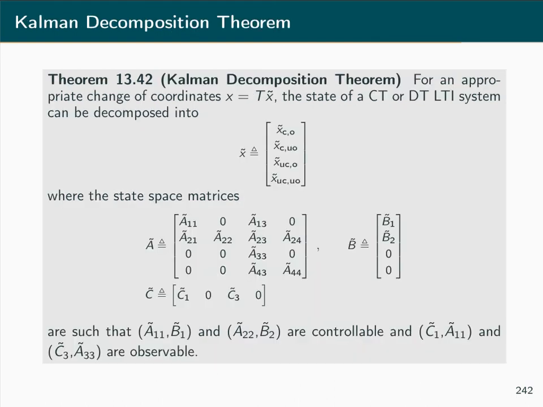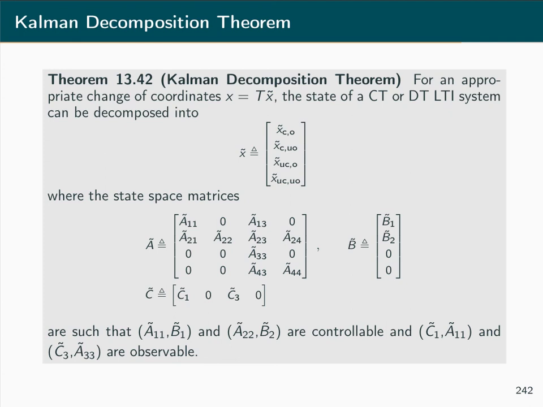Now, on the final slide of this chapter, we have the Kalman decomposition theorem. The main idea behind this is as follows. So far in this chapter, we have decomposed the state once into a controllable state and an uncontrollable state.